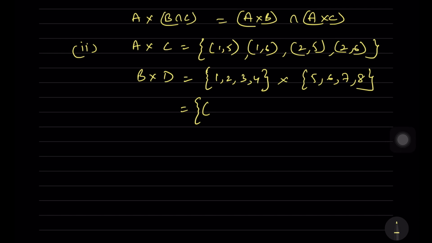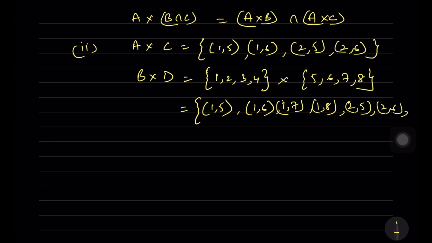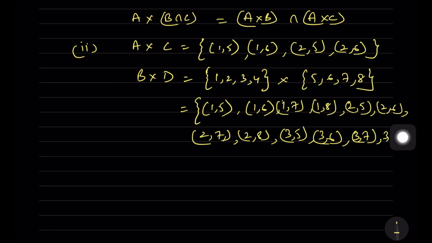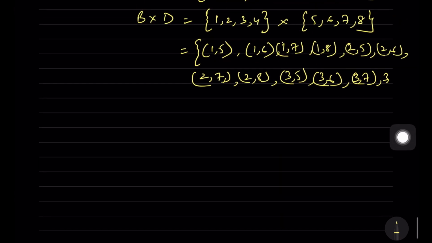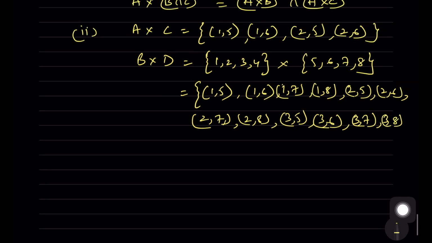It is 1,5, 1,6, 1,7, 1,8, 2,5, 2,6, 2,7, 2,8, then 3,5, 3,6, 3,7, 3,8, then we have 4,5, 4,6, 4,7 and 4,8.